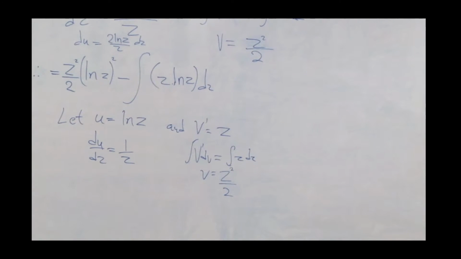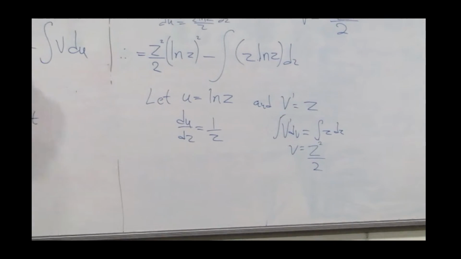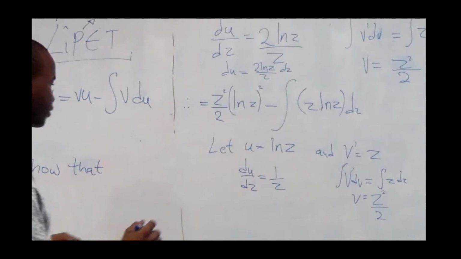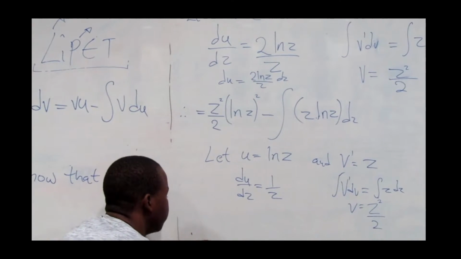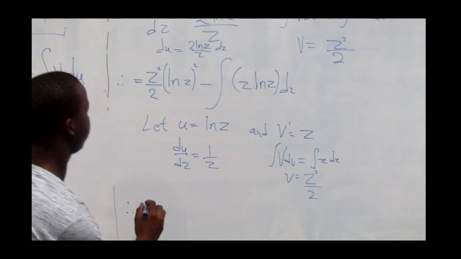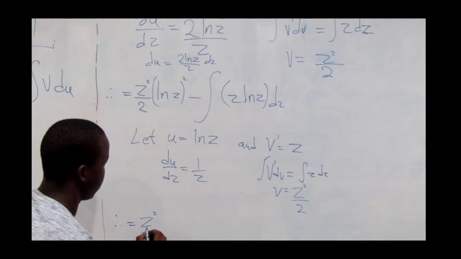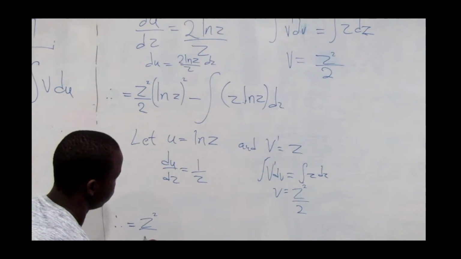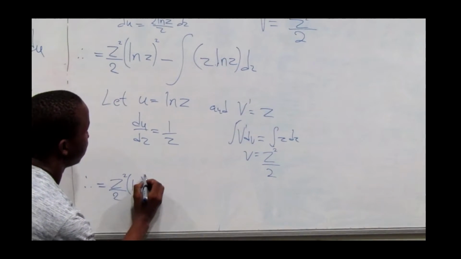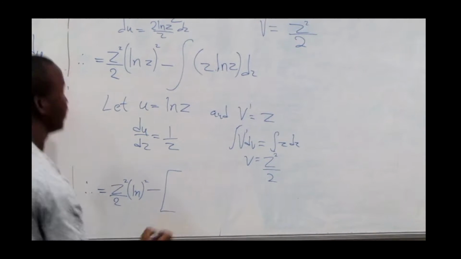Then from there on, we come to this equation again. We multiply v and u, and v and the derivative of u. First we take it from here, z squared over 2 times ln z the whole squared, minus, put a bracket.